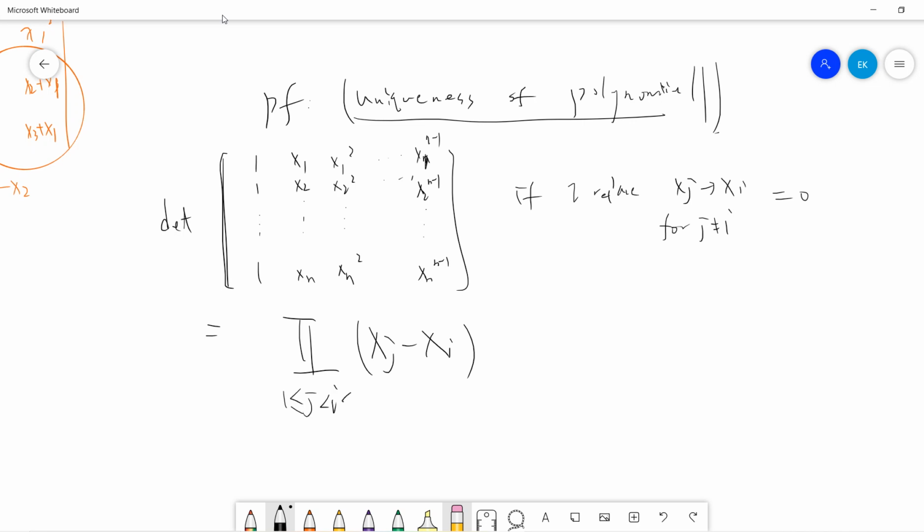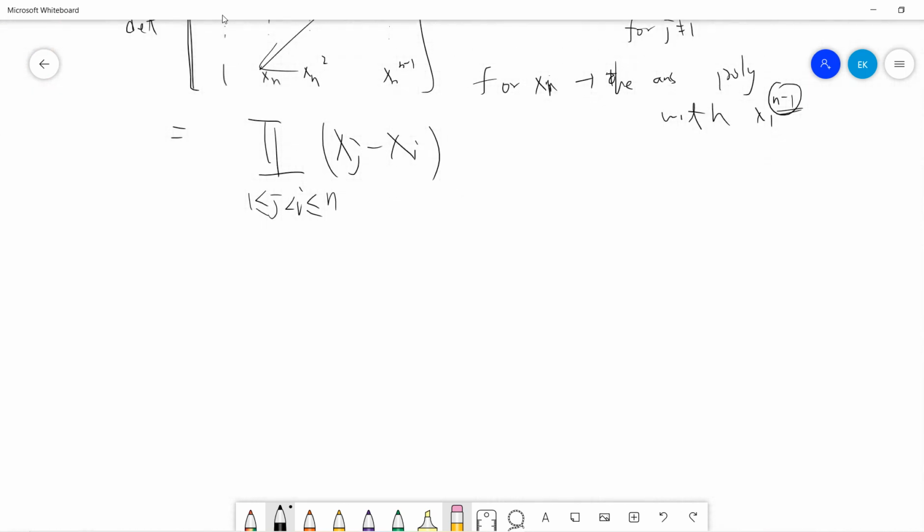Also, for each xi, for x1, the answer is a polynomial in x1 of degree n minus 1, if I expand this. That is exactly the same degree as this factor, if you only care about x1. So the only remaining part is that there may be a constant c.